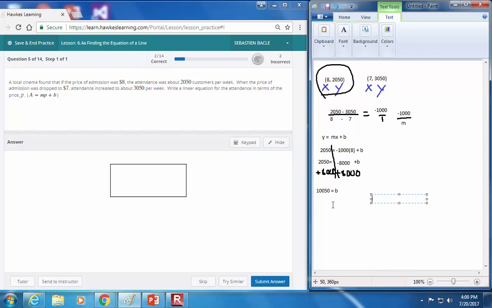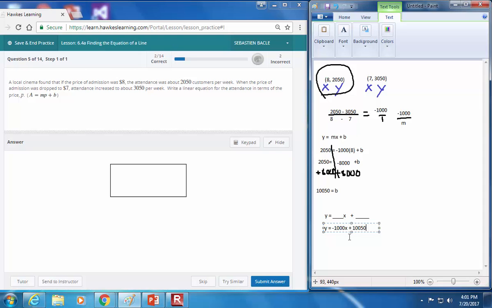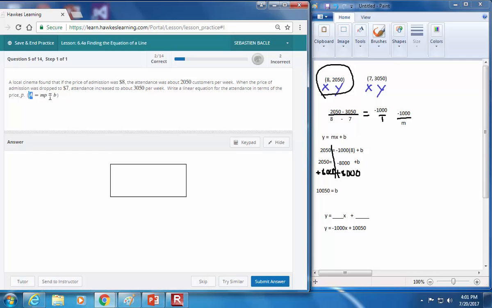I've got my b and I've got my m, my slope and my intercept. So when I fill in the blanks in that equation, typically we think of it as y equals a number times x as your slope plus some other number as your intercept. My slope was negative 1,000. It'll be y equals negative 1,000 x and then plus 10,050. Now if I try to type this in here, it's going to yell at me because it wants me to use a and p instead of x and y.